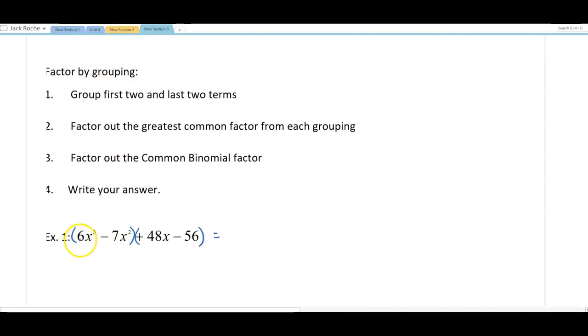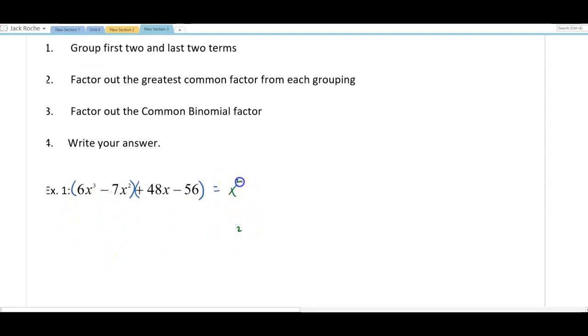Is there a common factor between 6 and 7? There isn't. But is there a common factor between x to the third and x squared? Yes. I can factor an x squared out of there. And when I divide each of these by x squared, I'm left with 6x minus 7 inside.